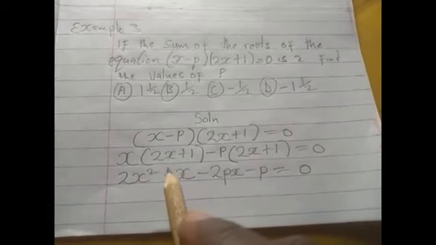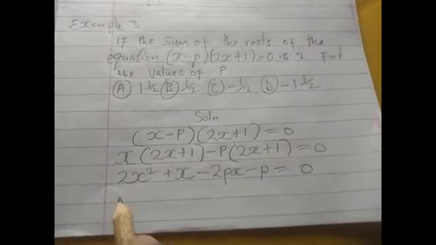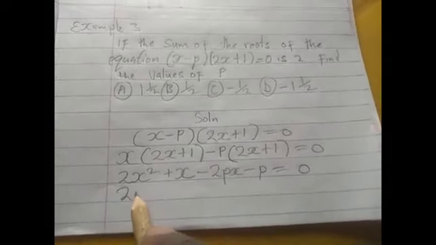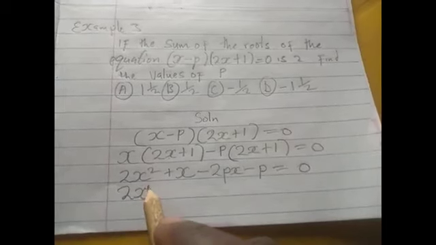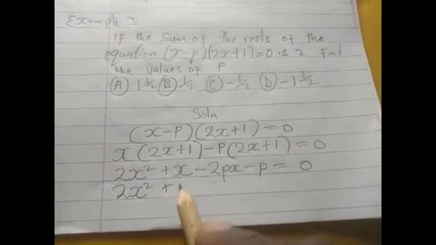So having this, we can see that in this place x is common. So let's factorize that. We say 2x squared plus, so what's common here?